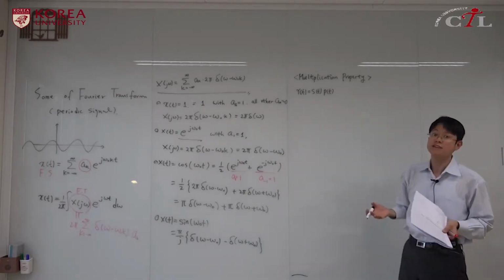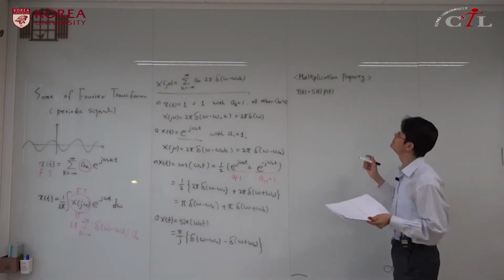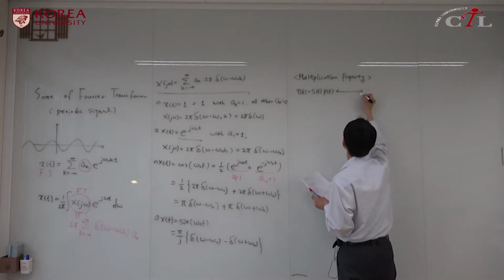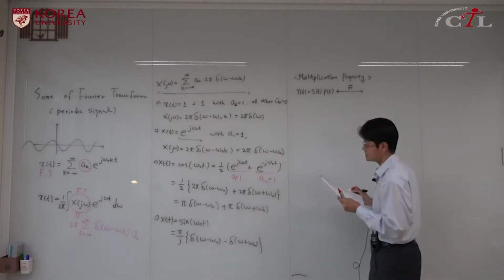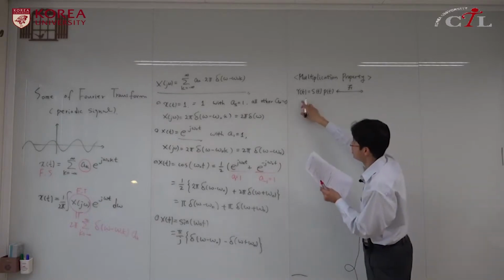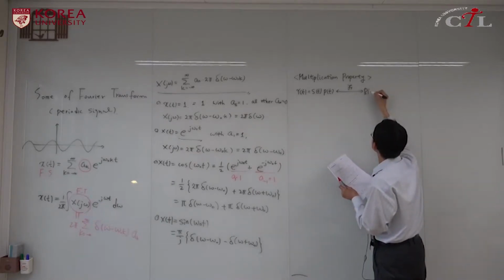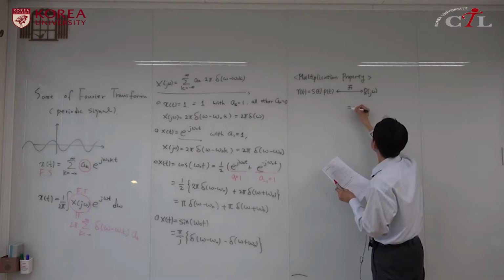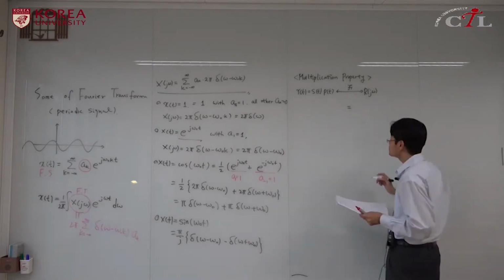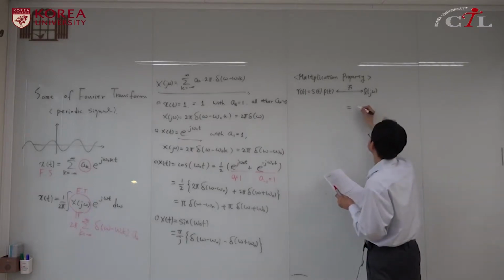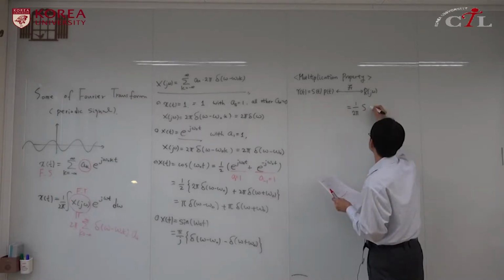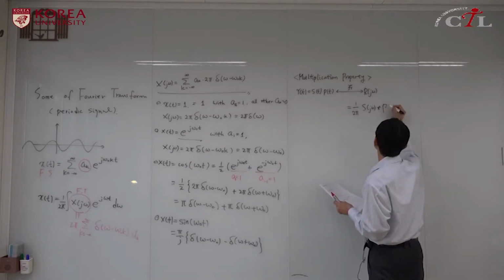And you may guess that it's convolution, right? If I do the Fourier transform, it's kind of convolution form. So R(j omega) is equal to convolution of two signals. 1 by 2 pi times its convolution, S(j omega) with P(j omega).